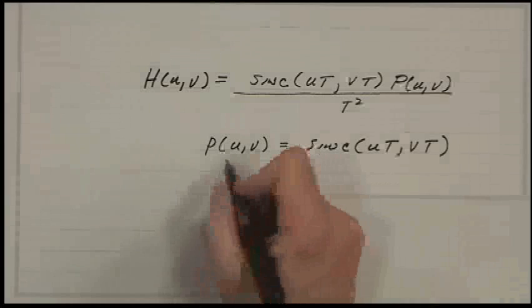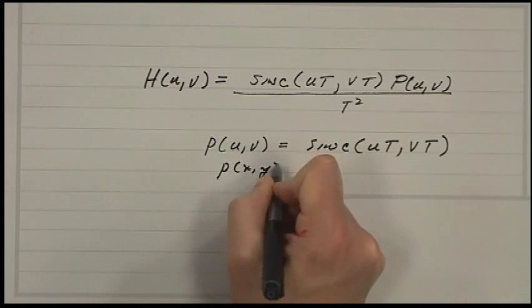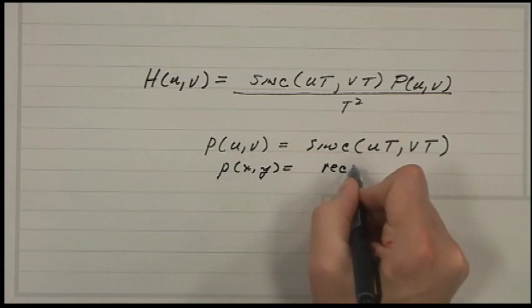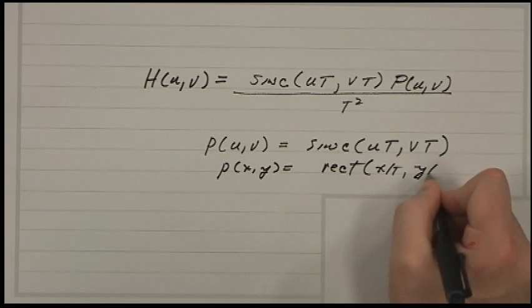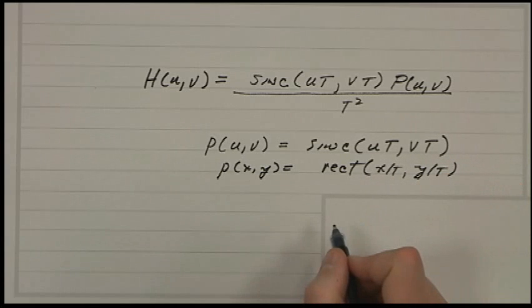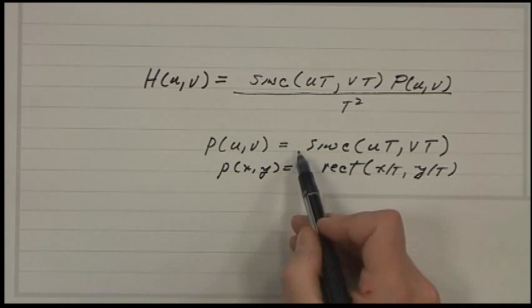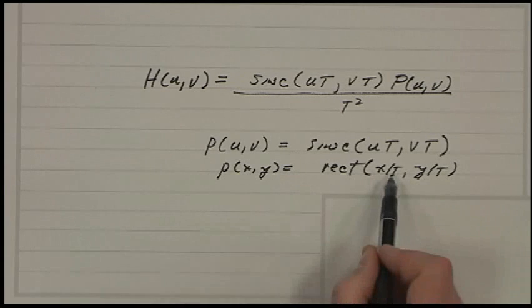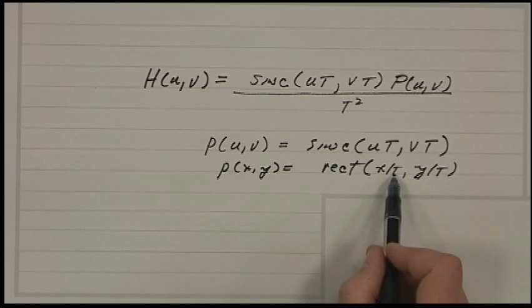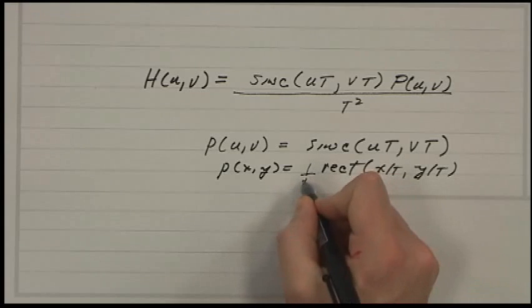Because P of xy is equal to rect of x over t, y over t. No, there's a scaling term here. So this becomes larger with t becoming larger. So you have to divide by t squared, right?